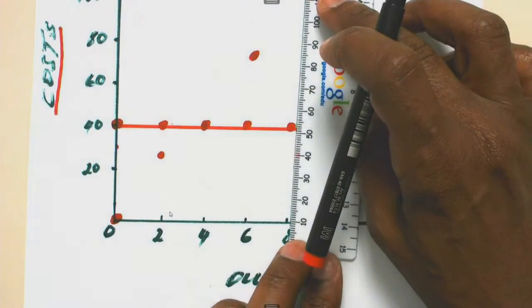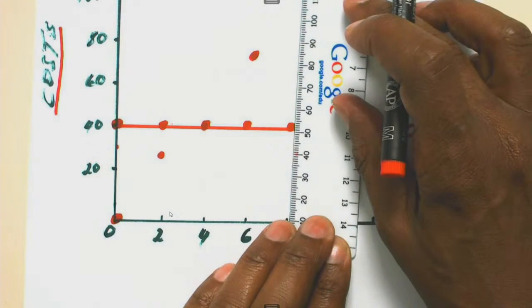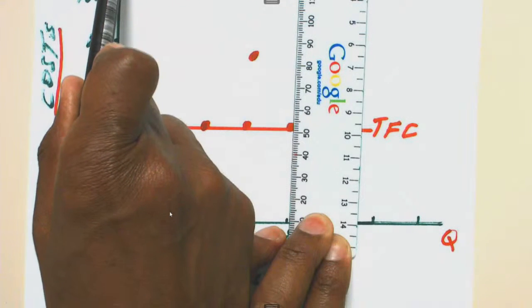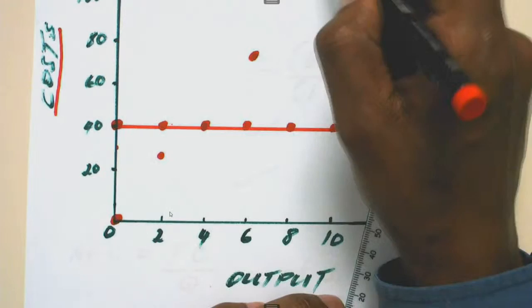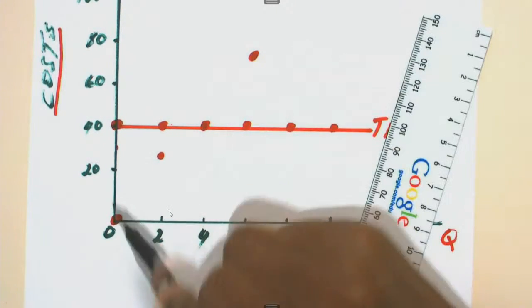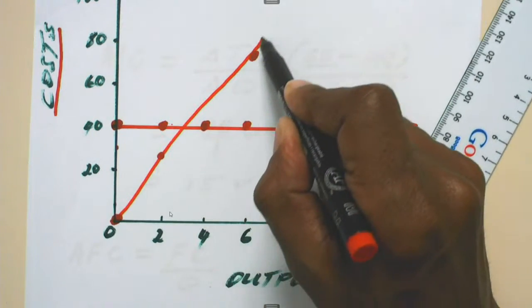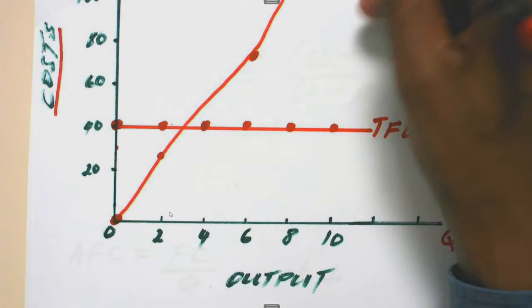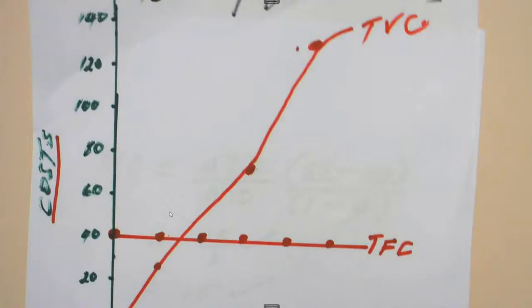So here we have 120, and our 130 would be between 120 and 140, somewhere here. So we're going to have our next dot somewhere here, right? And then after you've done that, you join this. This would be your total variable cost. So this is how you plot your cost curves.